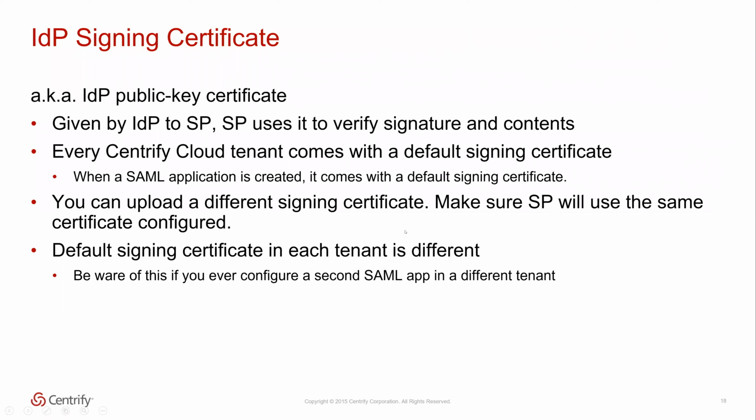Because if your first configuration is good, right, things are working, certificates are matching, and if you try to create a second one, more so in a different tenant, then that certificate is not going to match by default. So if you ever need that, then you will probably have to use another certificate.